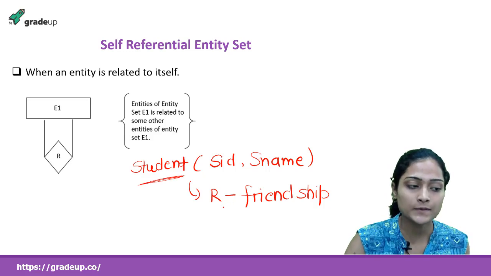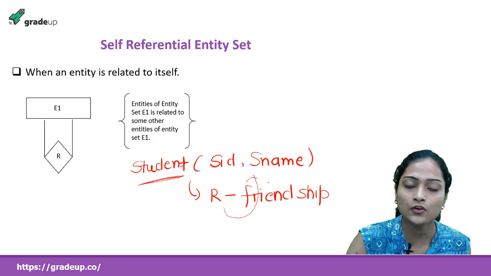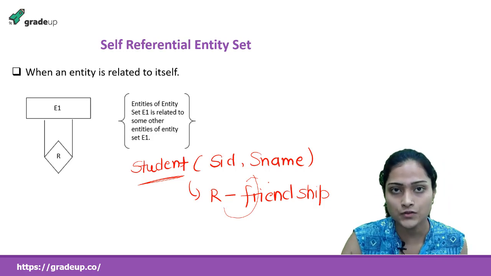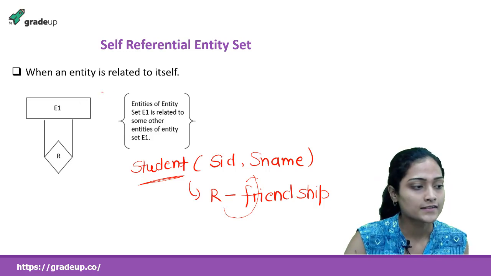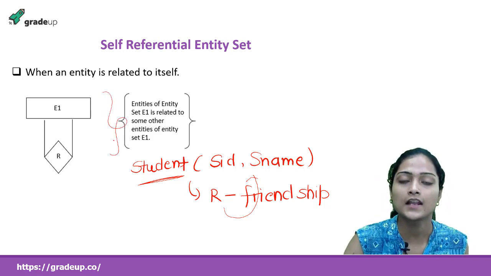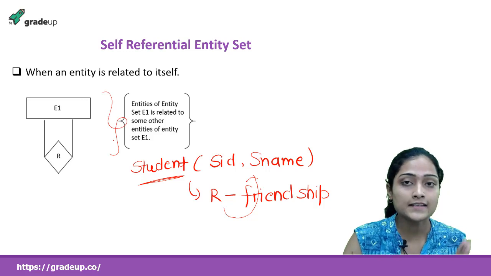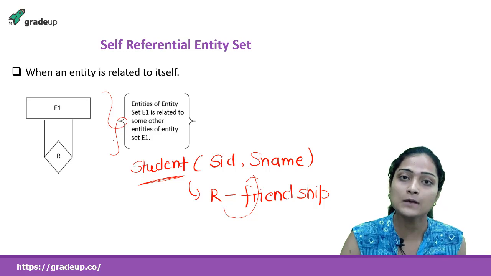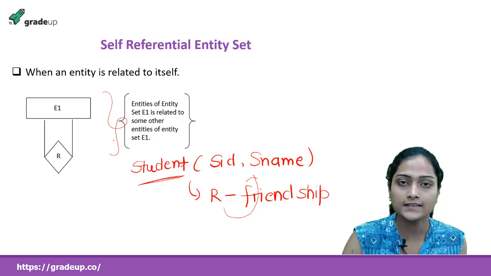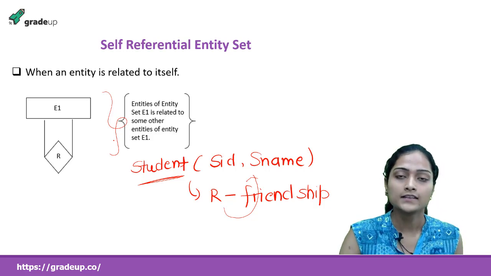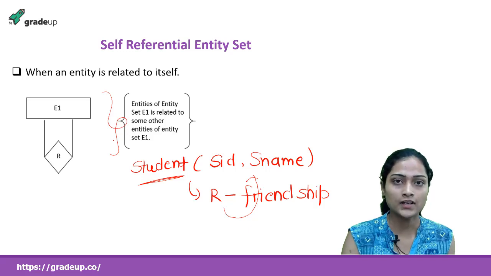So this friendship is related to student only. Student will be a friend of student. So this is known as a self-referential entity set. When some entities of entity set E1 are related to some other entities of entity set E1, this is the case with self-referential entity sets.